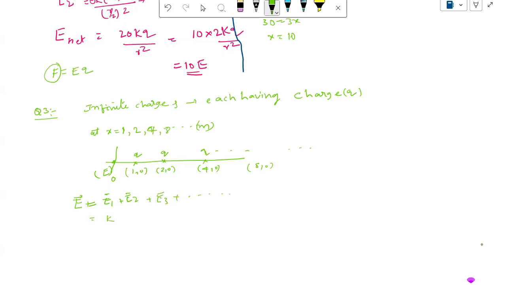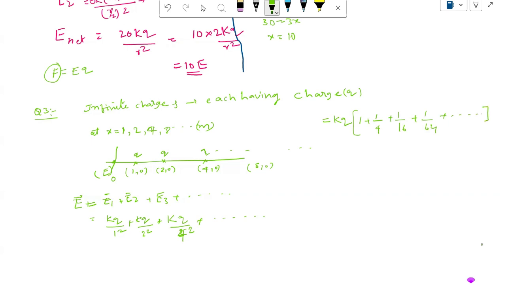That means KQ by 1 square plus KQ by 2 square plus KQ by 4 square plus KQ by 8 square plus and so on. So now here KQ I can take common. So here 1 plus 1 by 4 plus 1 by 16 plus 1 by 64 and so on.